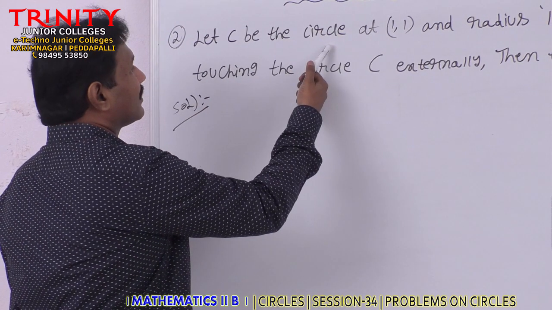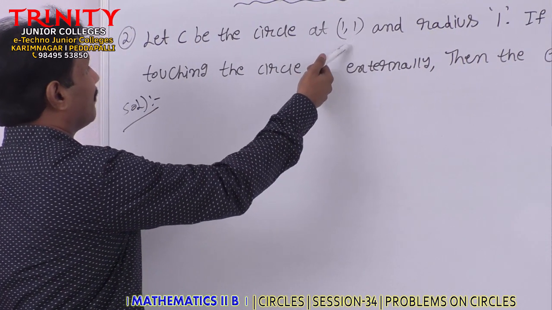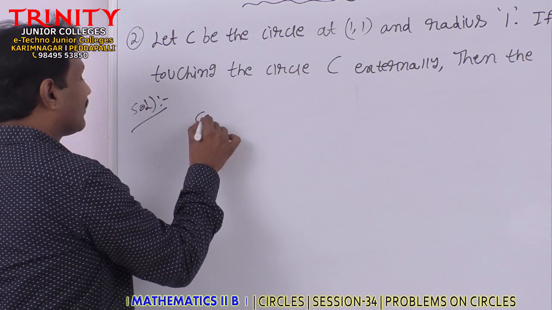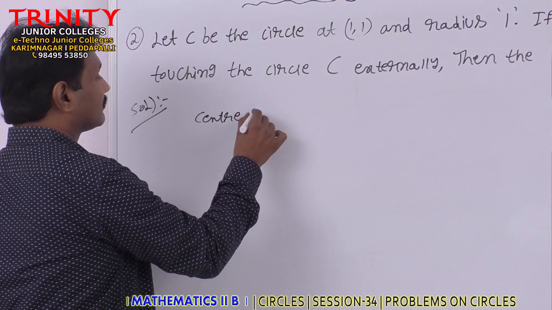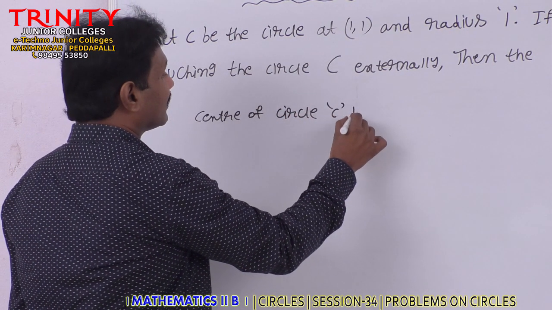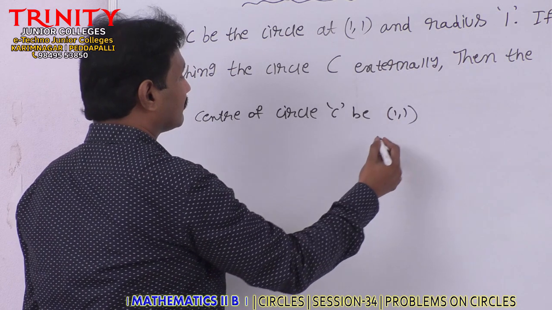Let C be the circle with center 1 comma 1 and radius 1. The center of the circle C is 1 comma 1.